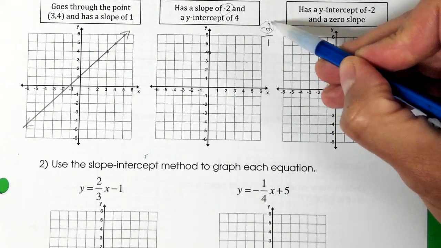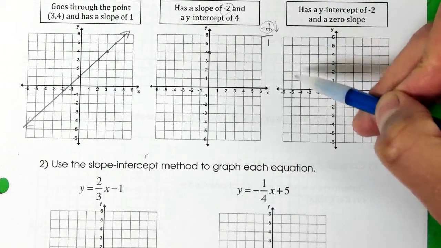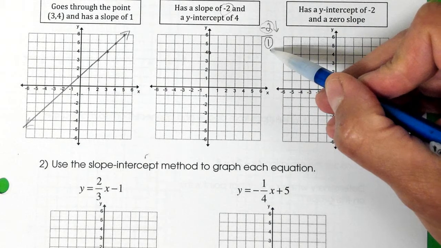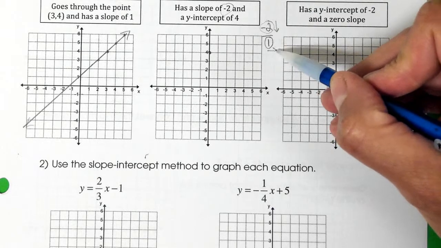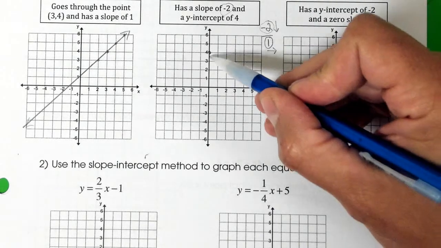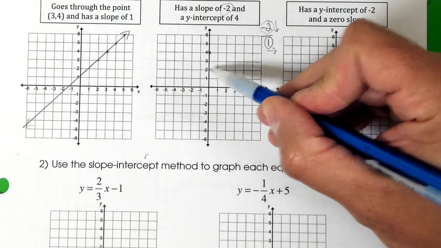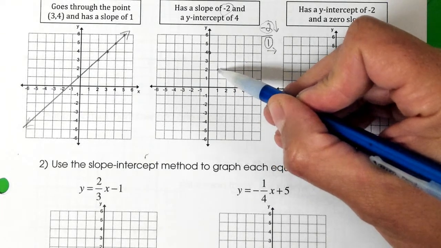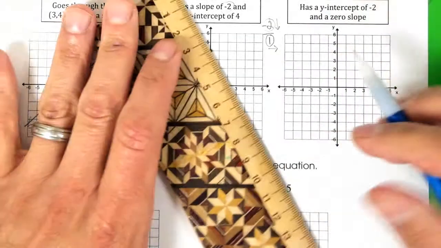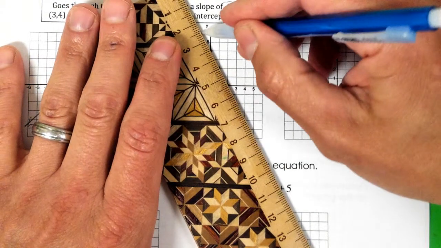Remember, the numerator is your vertical change, tells us how much to go up or down. The denominator is your horizontal change, in this case left or right. Since it's a positive number, we're going to the right. So we're going down 2 units, or decreasing 2 units for y, and increasing x by 1. Decrease y by 2, increase x by 1, and we'll get a graph that looks like this.